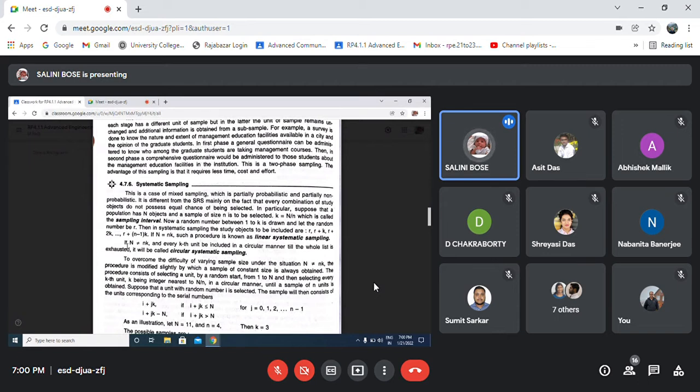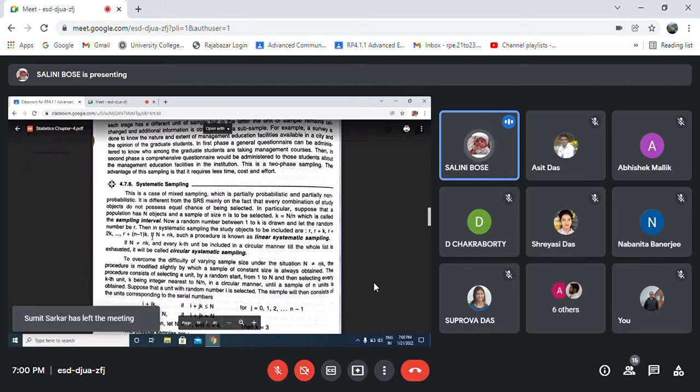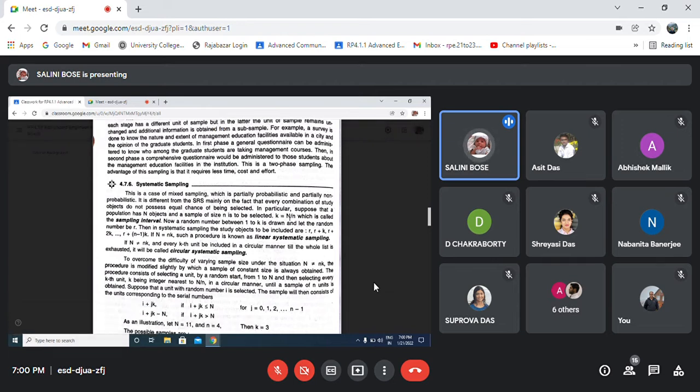So systematic sampling is nothing but taking a random sample using the sampling interval. Clear? And k is equal to N by n. So if N is equal to nk, then it is called linear systematic sampling.